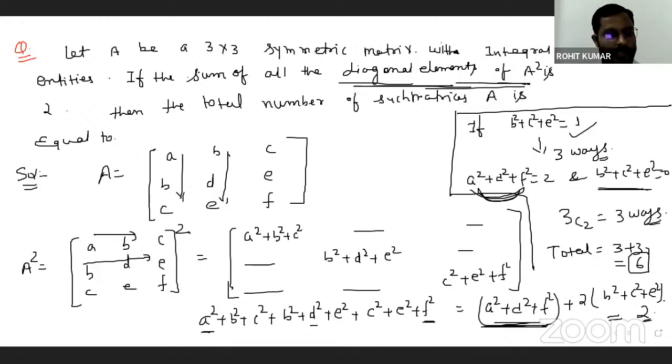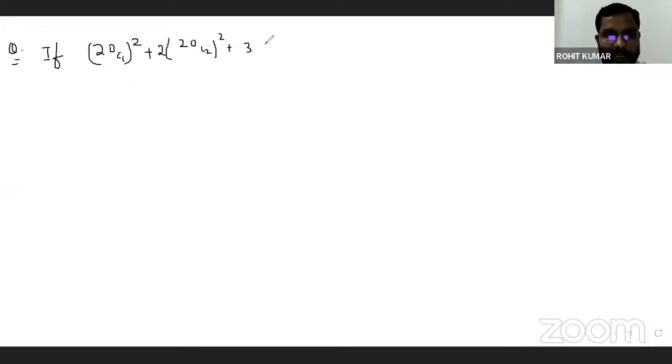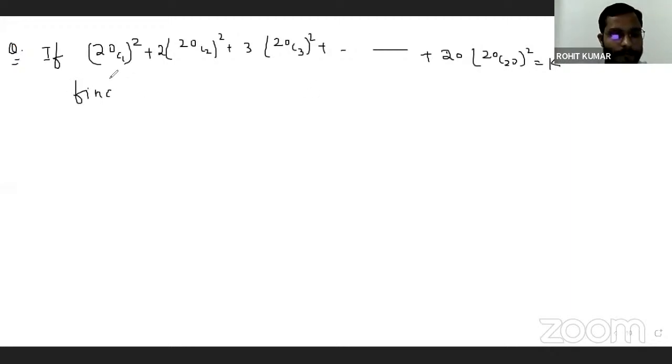Okay, we can take one more problem. If 20C1 square plus 2 times 20C2 square plus 3 times 20C3 square, and so on up to 20 times 20C20 square, is equal to K, then find K into 20 factorial square divided by 40 factorial.